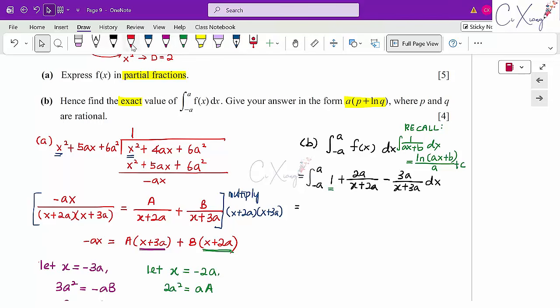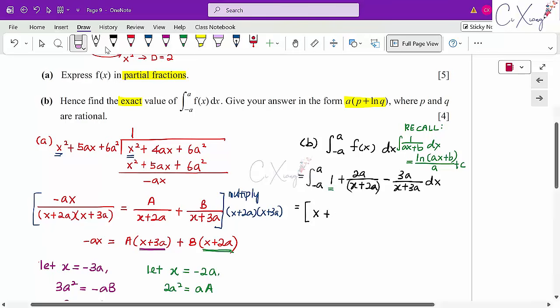So let us start. If I integrate the 1, I will get x. 2a is a constant, so I just copy it first. For the bracket of x plus 2a, if I integrate, I bring it up and it becomes ln of x plus 2a. Differentiating x plus 2a gives 1, so you divide by 1, and since it is divided by 1, I don't need to write it out.